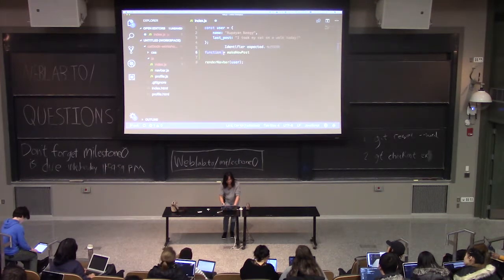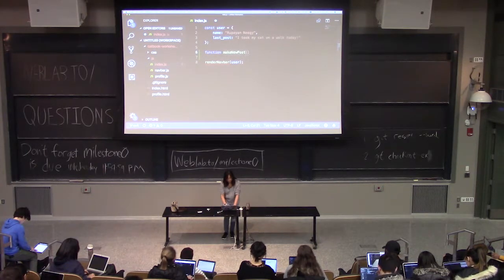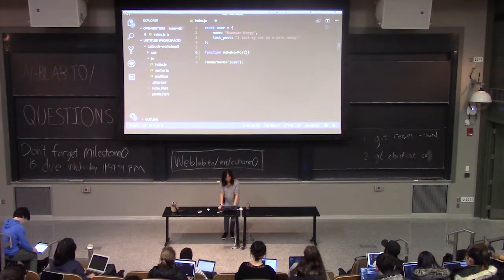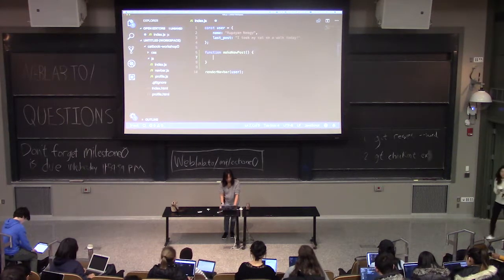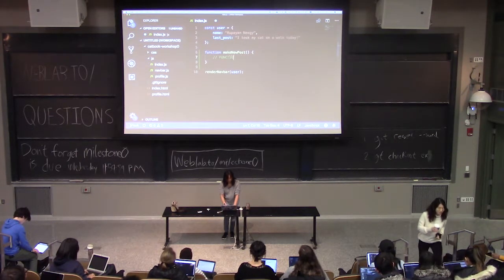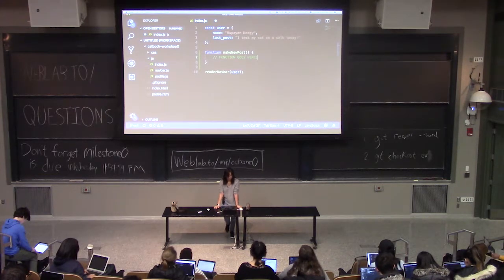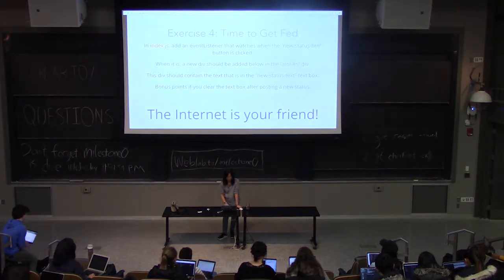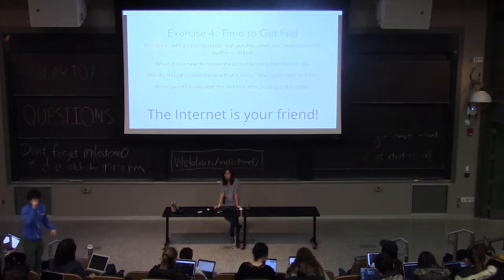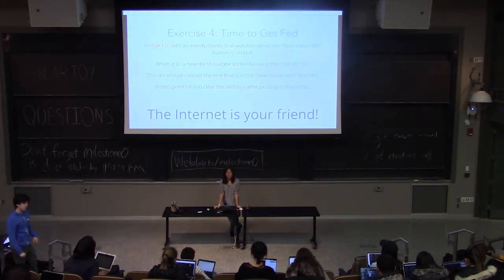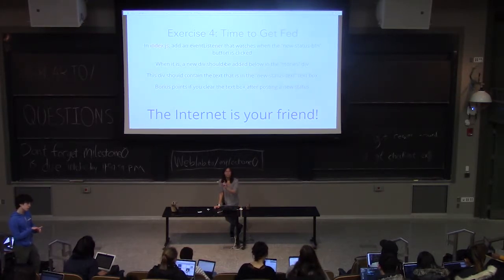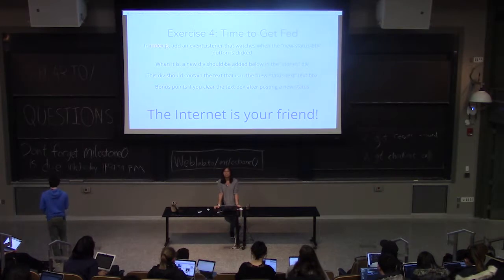You don't need this equal sign here when you're declaring a function. And then we would put in parameters, and then curly braces, and our function goes here. A function that does the work, that is what happens when the button is clicked. Has anyone figured out how to add an event listener? Okay. I'll give a couple minutes more, we'll figure it out, and then I will call on them.